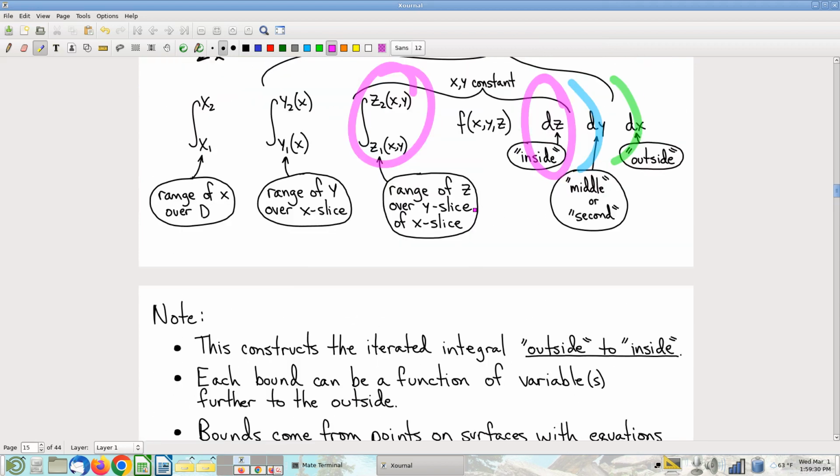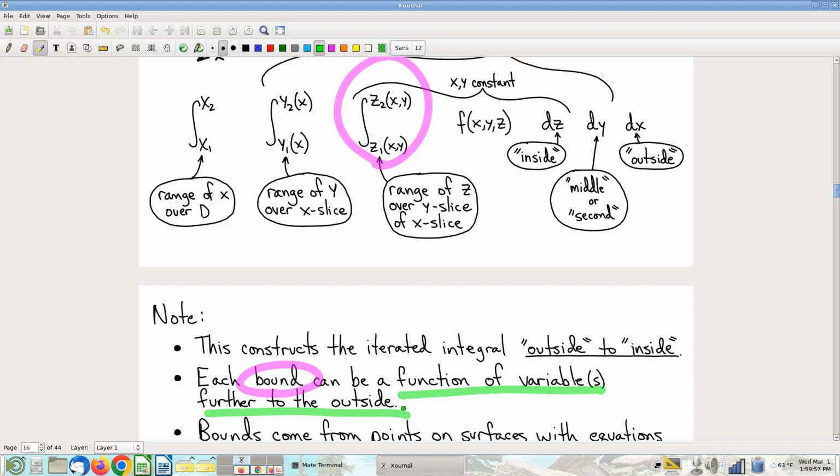A couple of observations to make. Again, we're constructing the integral from the outside in, just like with double integrals. That's very important. You have to start with your slicing on the outside and then work your way in. Secondly, notice that each bound, such as these inside bounds, are functions of the variables further to the outside.